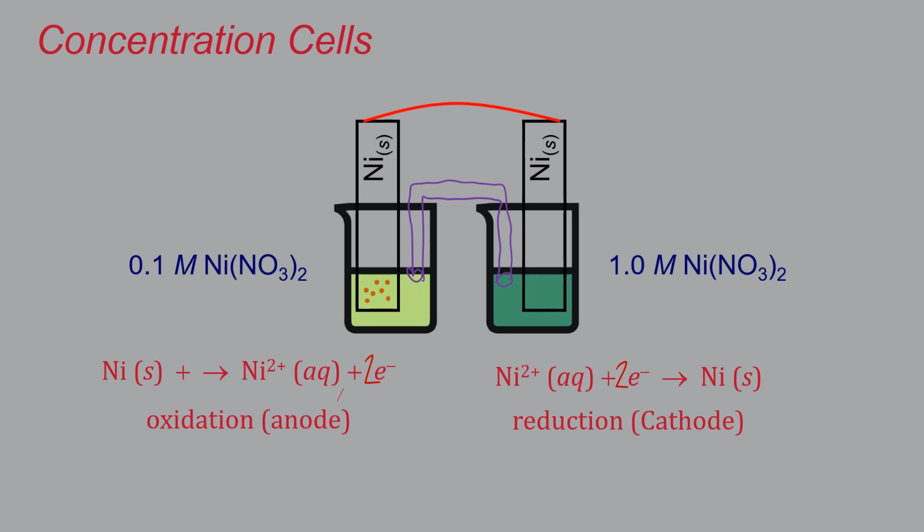But consider what happens to the impurities that would be trapped in there. Well, as this anode reacts away, the impurities just settle to the bottom, as long as they aren't reacting with everything else that's in here.